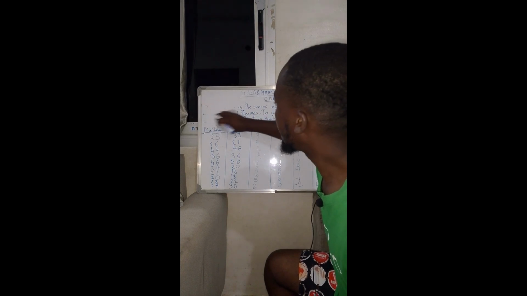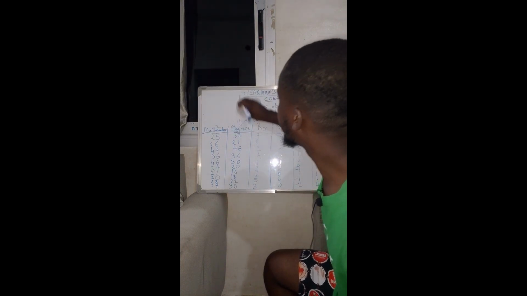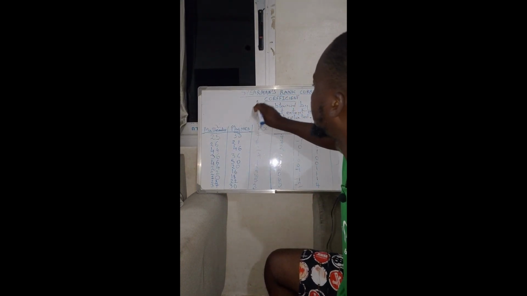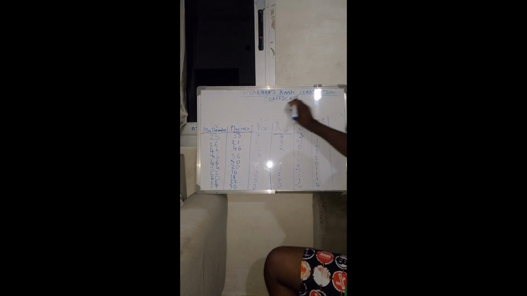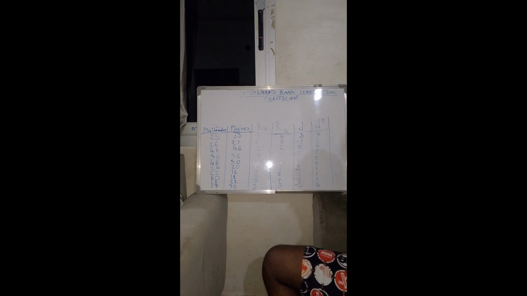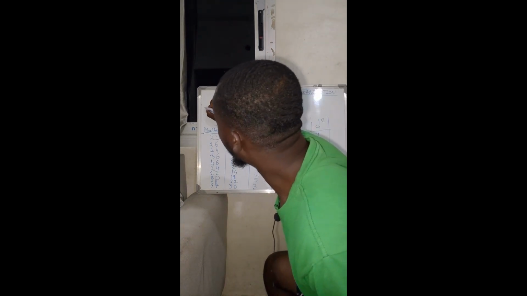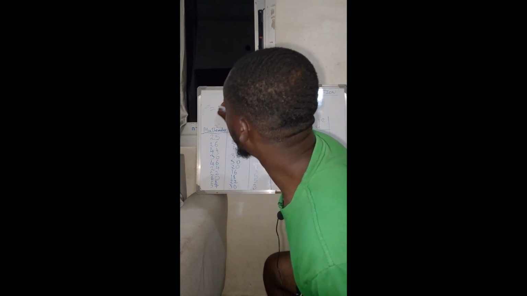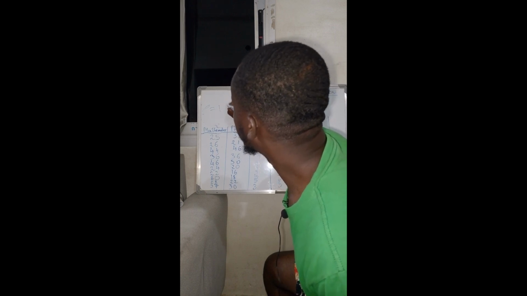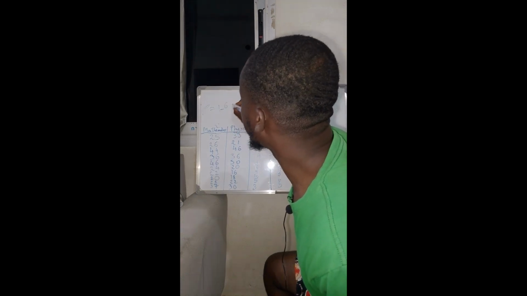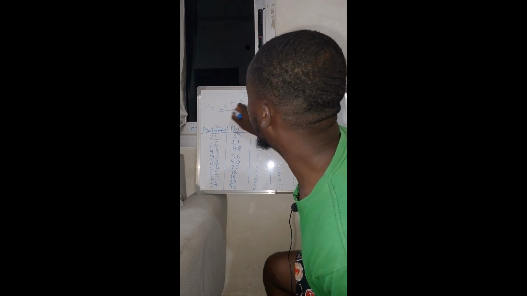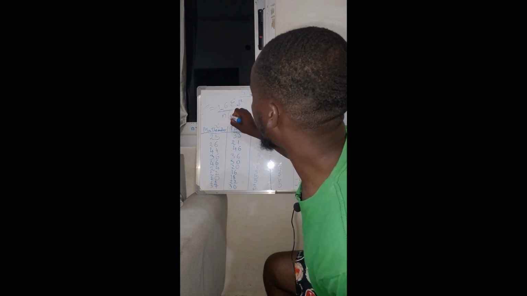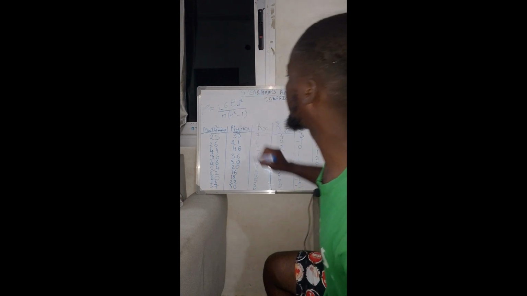Now, as you know, the formula is given as rho is equal to 1 minus 6 sum of d square all over n, bracket n square minus 1.